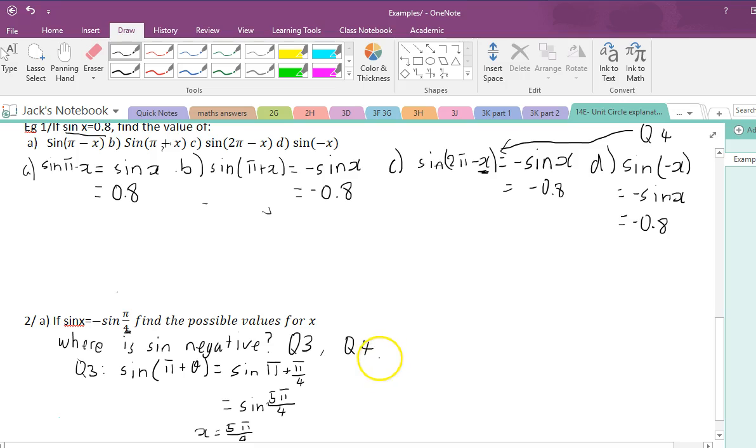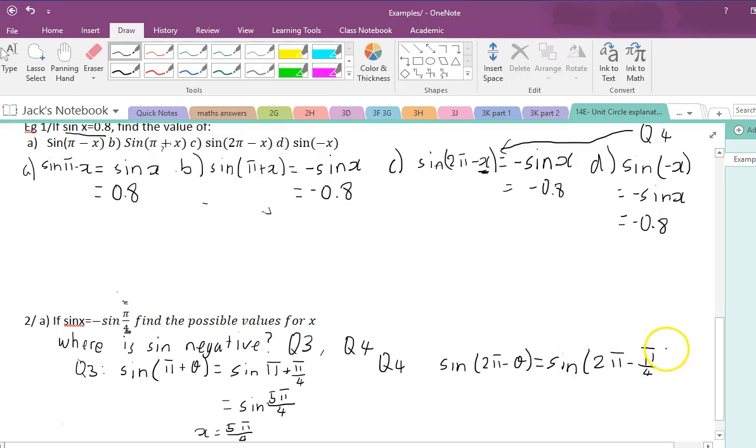Alright, so that's one possible value of x, and then in quadrant 4 we know that it's sine of 2 pi minus theta, which in this case, with a reference angle that they've already given us, is sine of 2 pi minus pi on 4.